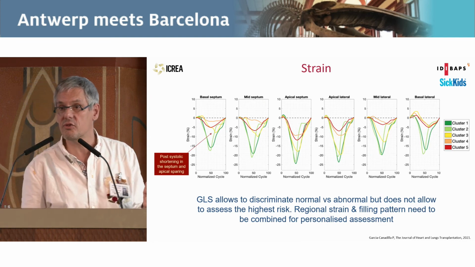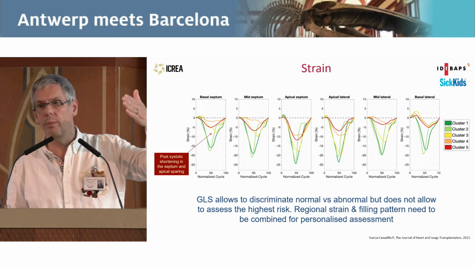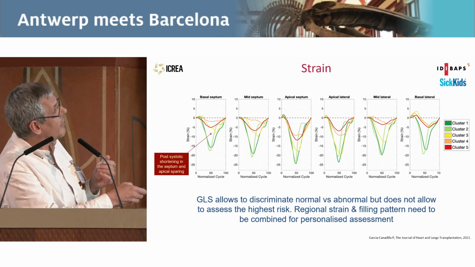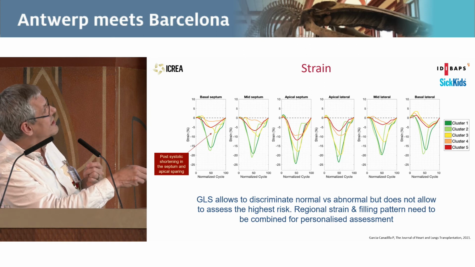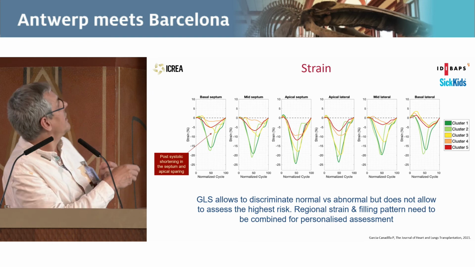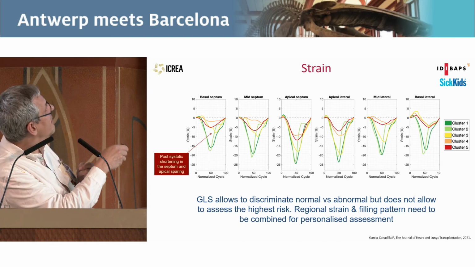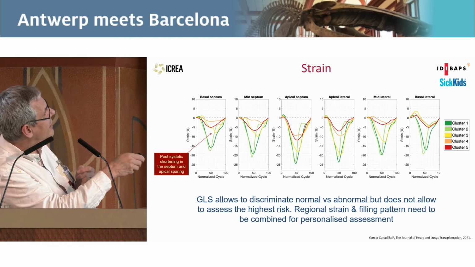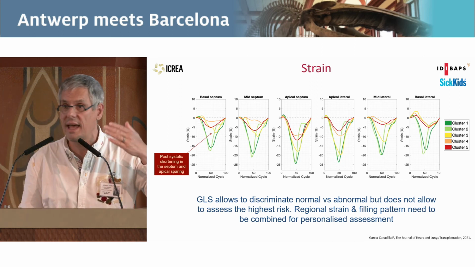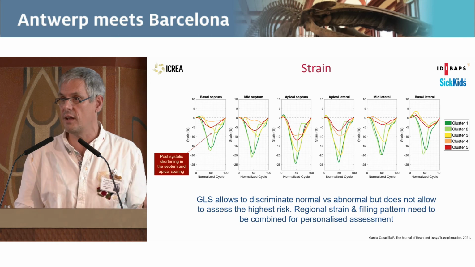Similarly, when we look at strain, a lot of people say, oh no, global strain, that's the answer to everything, and this is going to be our risk. But what you see here is that our highest-risk group doesn't have the lowest strain of all. And other ones which have very low strain, here for example this yellow one, have very low strains in some ways but preserved apical strain, and they actually don't show events of heart failure or death.